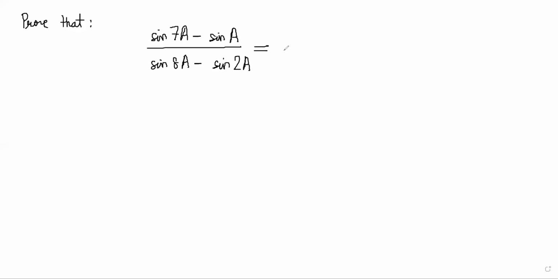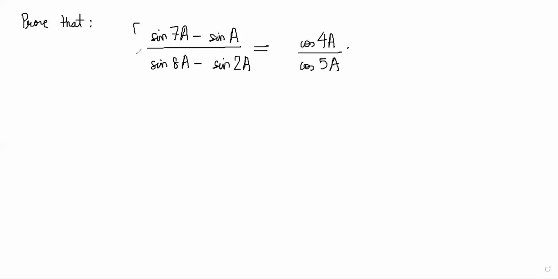Prove that sin 7A minus sin A by sin 8A minus sin 2A is equal to cos 4A multiplied by sec 5A. Or if you don't know sec, we know it is 1 by cos. So cos 4A by cos 5A.